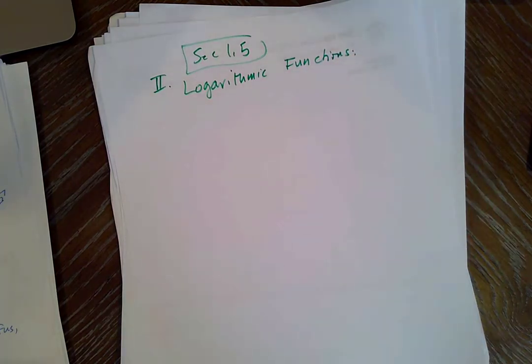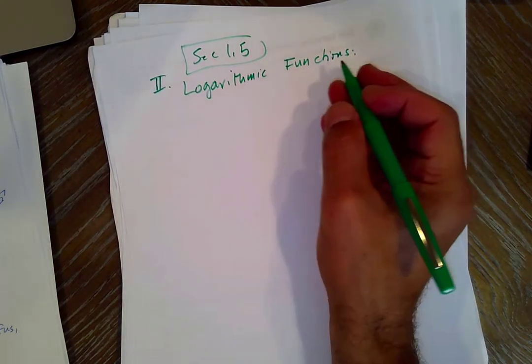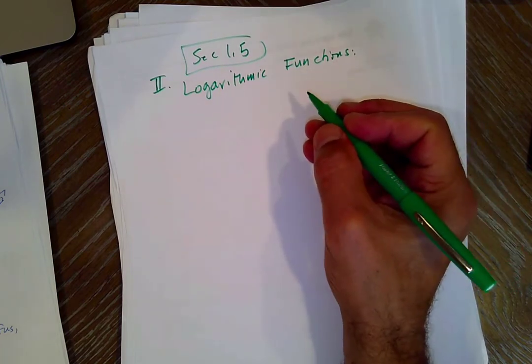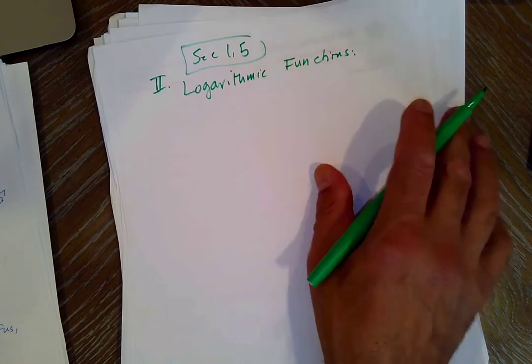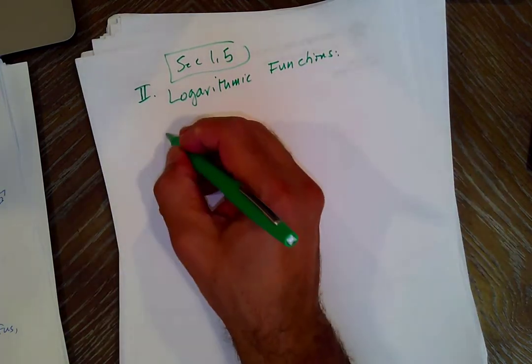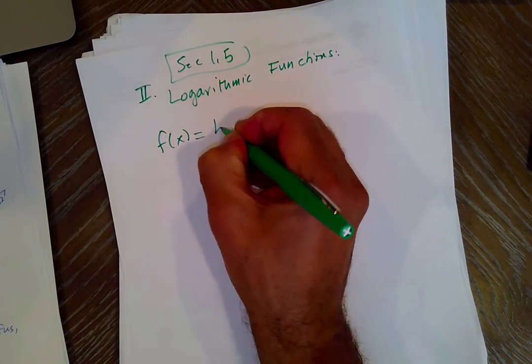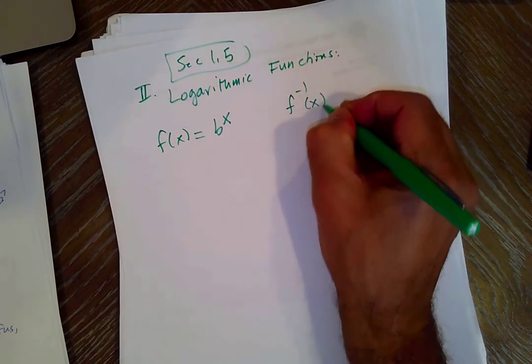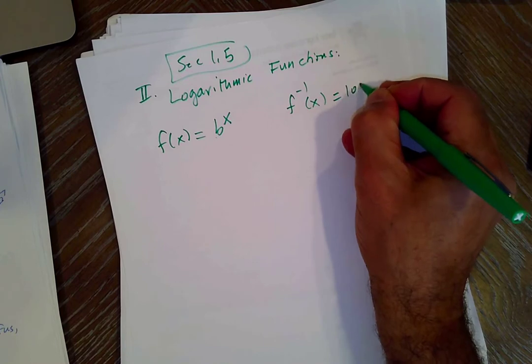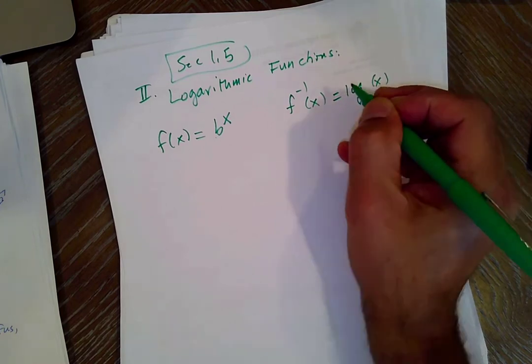So we talk about log functions as inverses of exponential functions in beginning, in intermediate, and in college algebra. So just a quick review: exponential functions versus log functions. The inverse of b to the x is log base b of x.